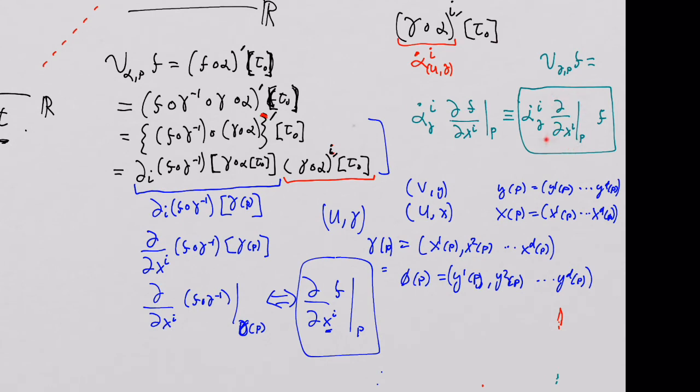But these guys here now, they're the things that we are going to call the basis of the tangent space. So this object, d by dxi, evaluated at the point P, that's the basis of the tangent space. And you can see it's got the same form. It's got the form of a real number with an Einstein sum and a basis.